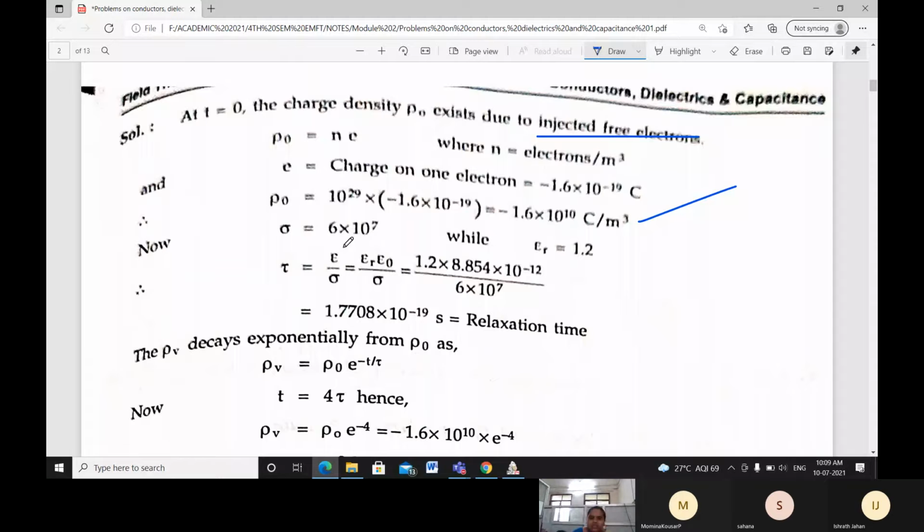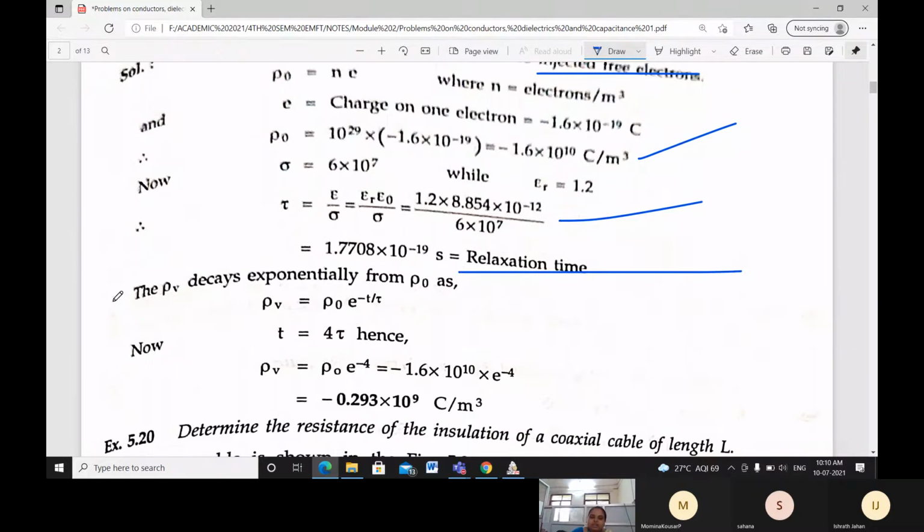Epsilon divided by sigma equals epsilon r into epsilon naught divided by sigma. Substituting 1.2 into 8.854 into 10 raised to minus 12 divided by 6 into 10 raised to 7, just use your calculator. You will be getting 1.7708 into 10 raised to minus 19 seconds. That is the relaxation time.